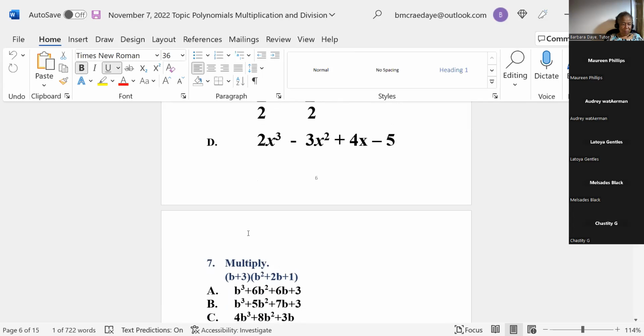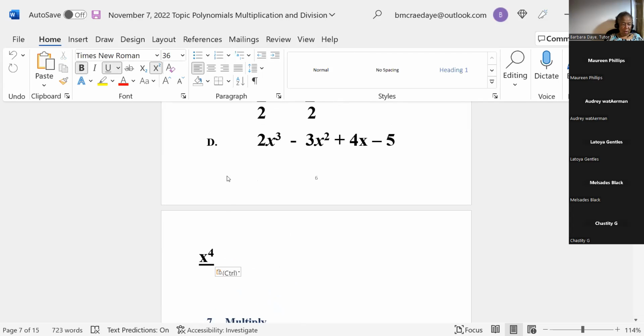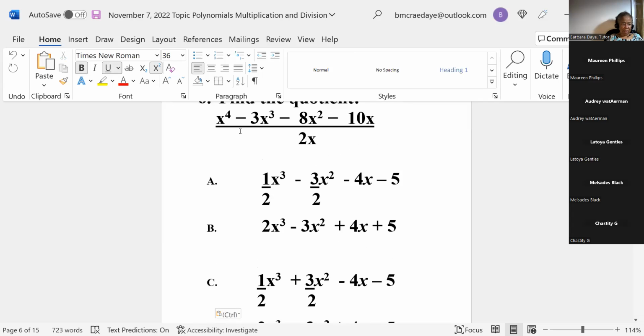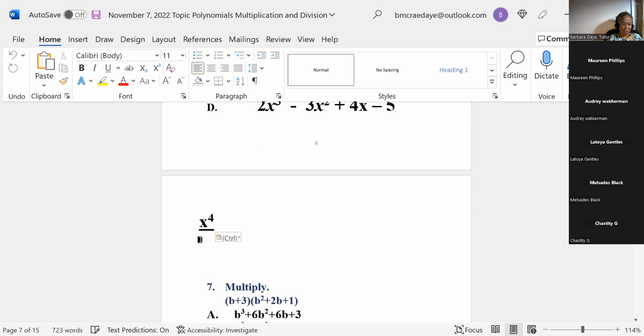So let's just write what Latoya is saying here. Okay, so she had her x to the 4th, and she divided that over the 2x. All right, so let's just put the 2x here.